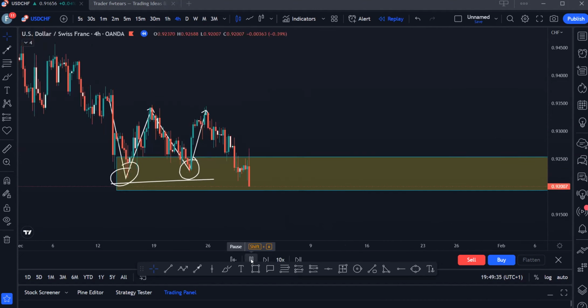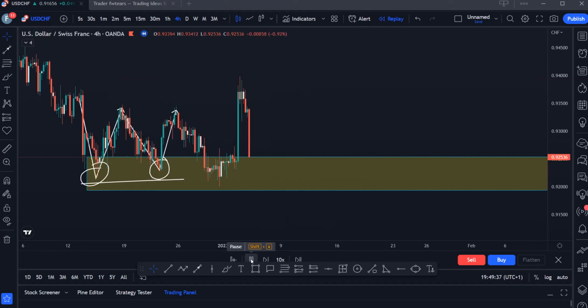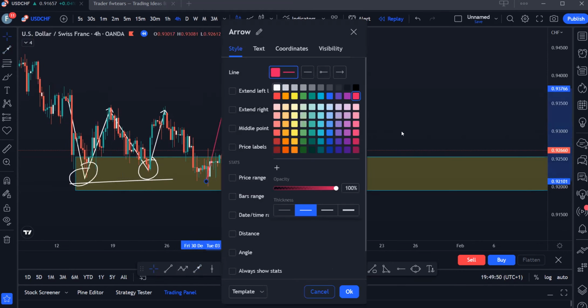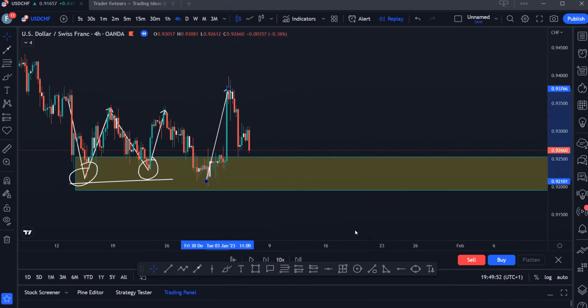When price goes back down, you can see price acted in that zone, and ultimately you can see that if you have bought here, you would have been in the right direction. You would have been in profit. The buy move took place from this support because you've been able to validate a support.